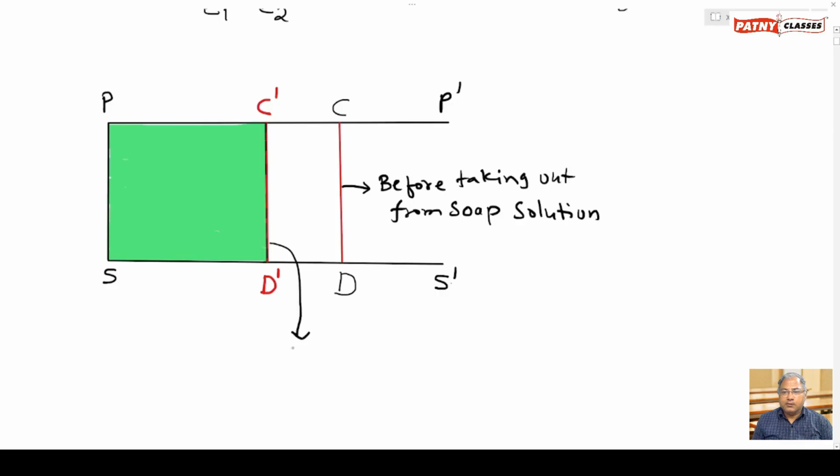So C dash D dash is the position of the wire CD after taking out from the soap solution.